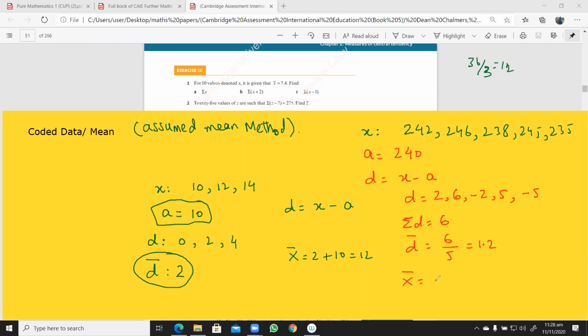I mean, the actual mean would be 240 plus 1.2, that is going to be 241.2. I did not have to add all these bigger numbers. I just used the new data, found the mean, and then I added this 240 back into this 1.2, and I got the actual mean. What do you say, beta? Isn't it a cool method?